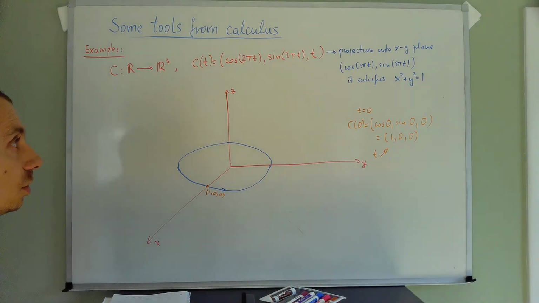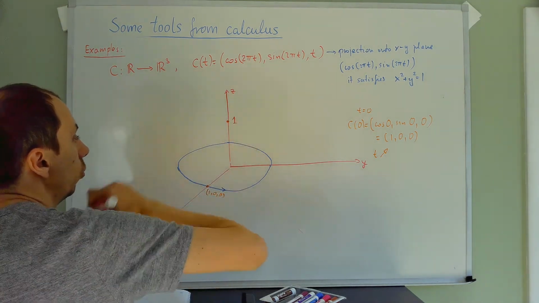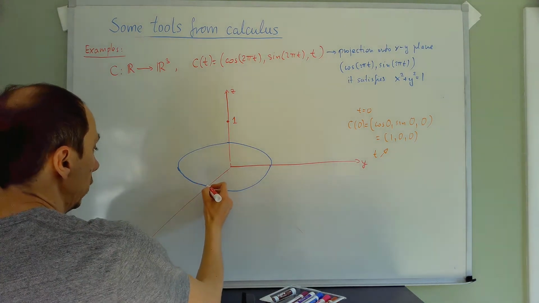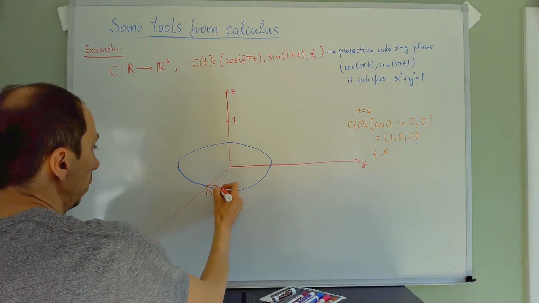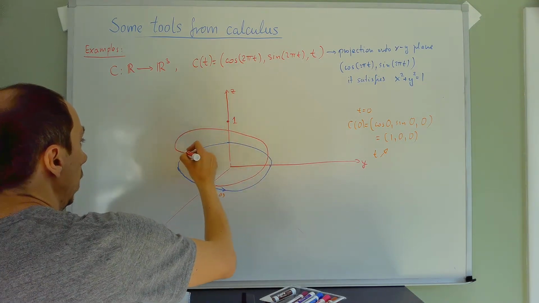However, what happens to the z-coordinate? By the time we get from 0 to 1, the z-coordinate has grown from 0 to 1. So it's not exactly a circle. You start out here, but then you go around, getting higher every time.